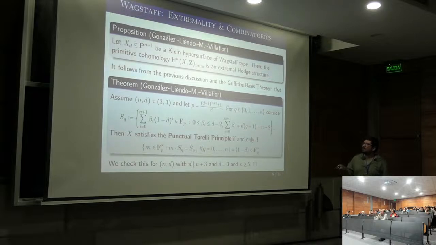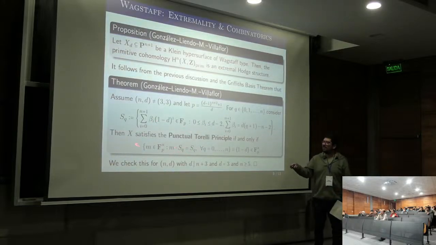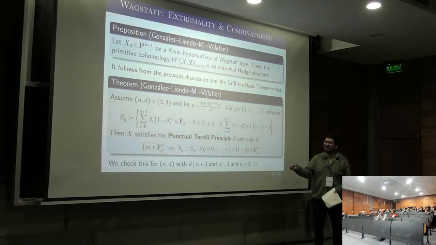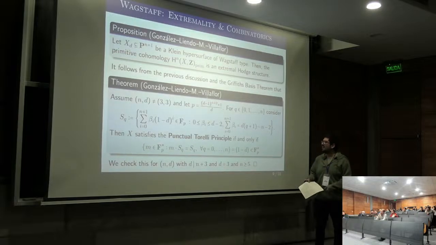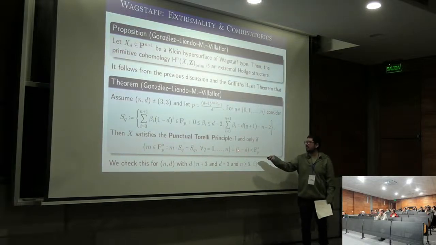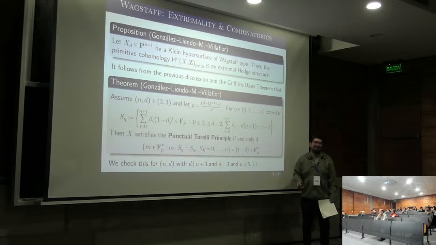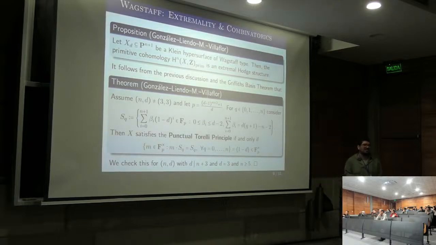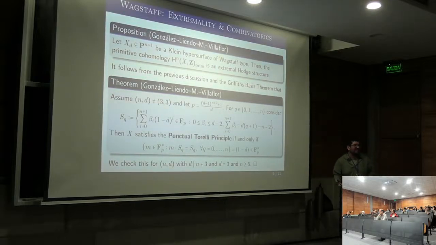So you have to check that if you have this package of integers mod p, the only invertible elements of the field F_p that preserve this package are multiples of 1 minus d. That's the condition. It's pure elementary number theory, and sadly we are only able to prove it for cubic hypersurfaces.